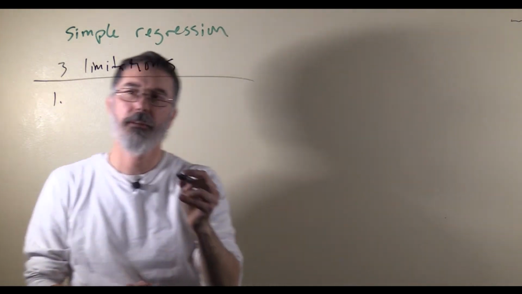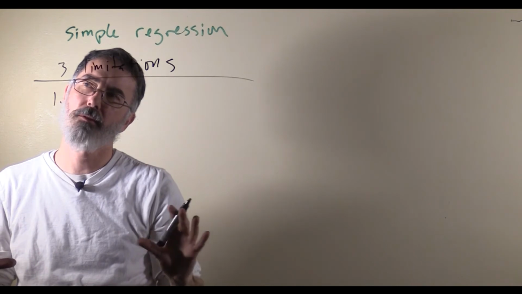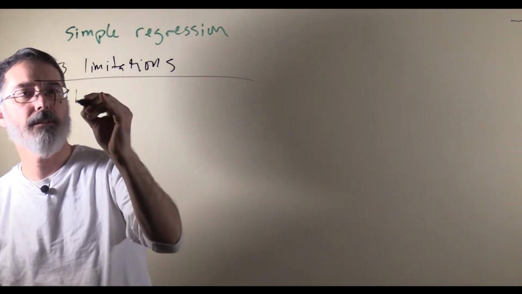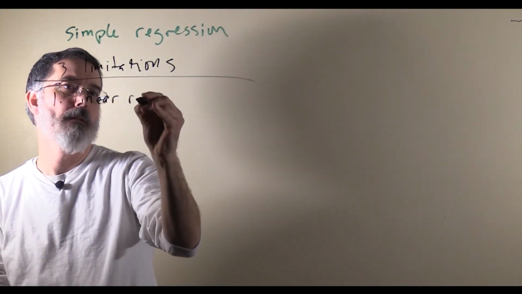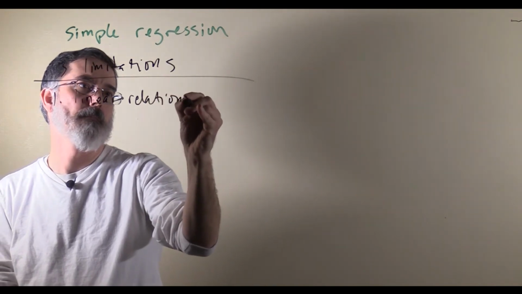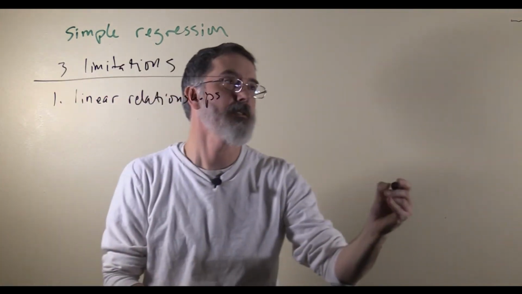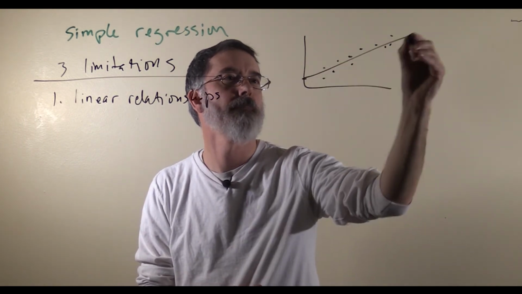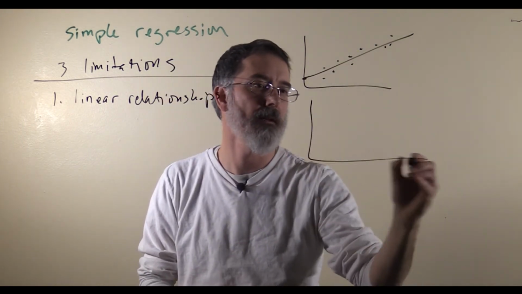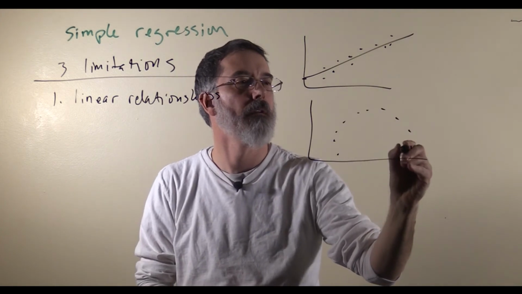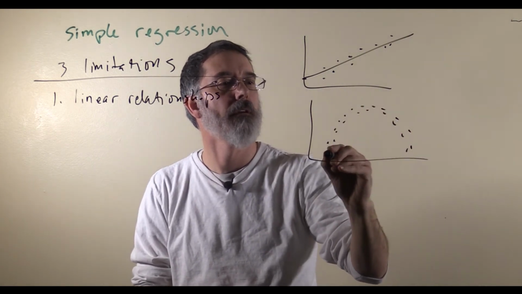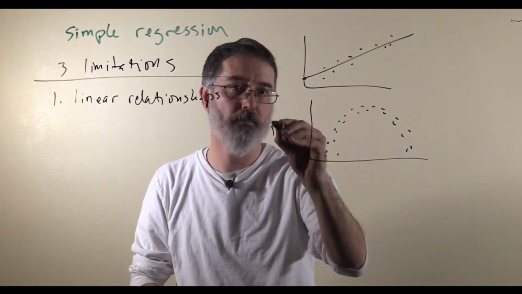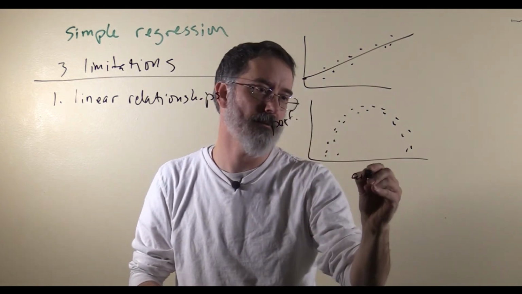The first one is that with regular regression, the way I've described it, you can only detect linear relationships amongst your variables, right? So if you can fit a straight line, that's all it can do. It can't handle the kind of relationship you get when you have performance and arousal.